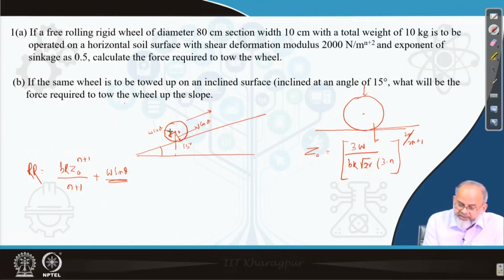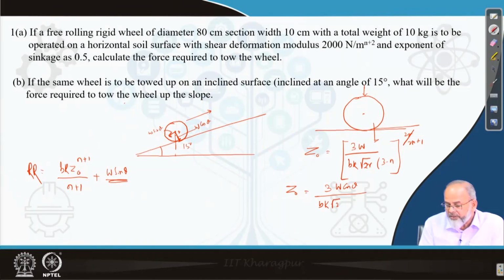Now, in the case of an inclined surface, what is the weight which is acting here? We have to take that into consideration. So instead of W, we have to take W cos theta. So that means Z0 will be equal to 3W cos theta by B k square root of 2R into 3 minus n, raised to the power 2 by 2n plus 1.